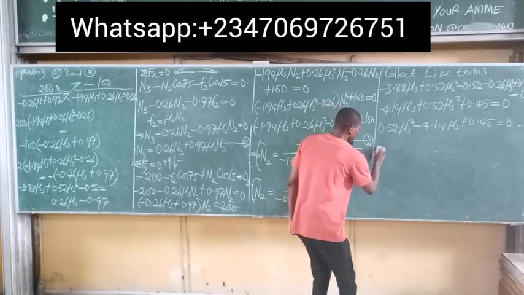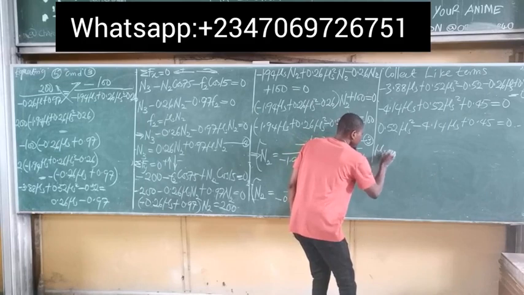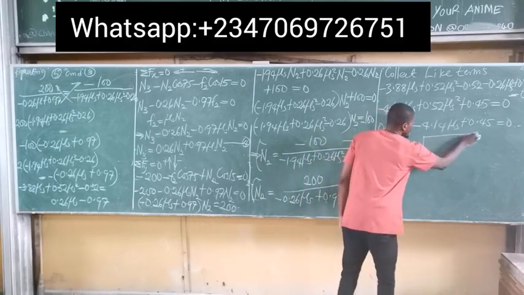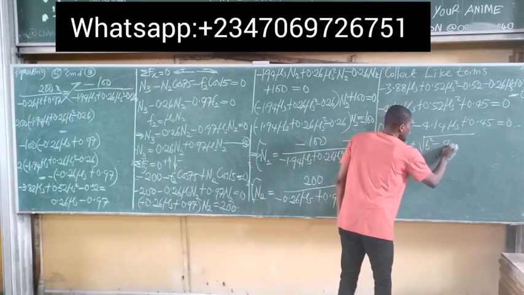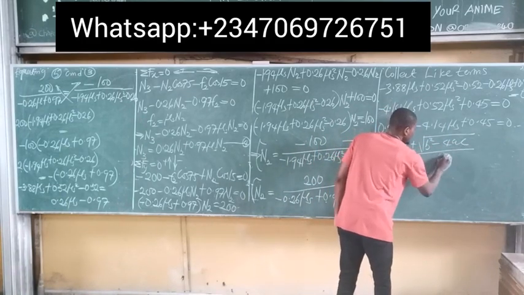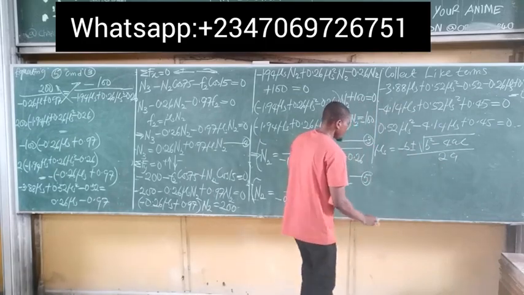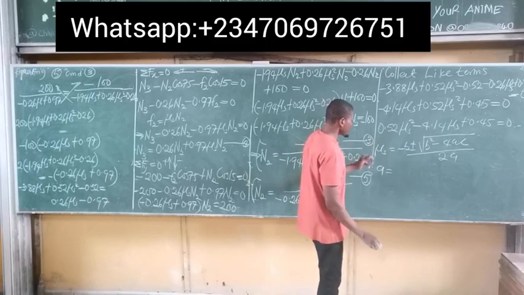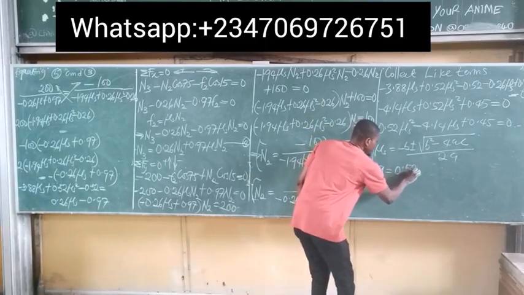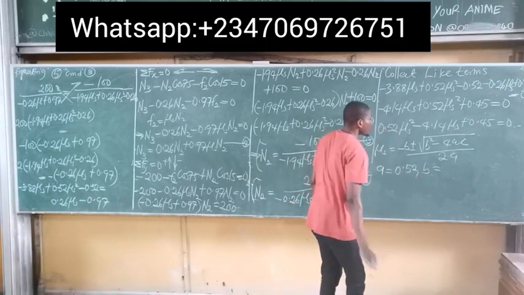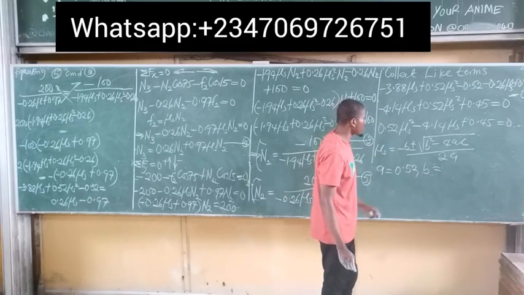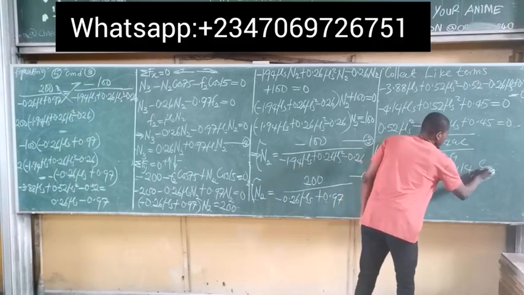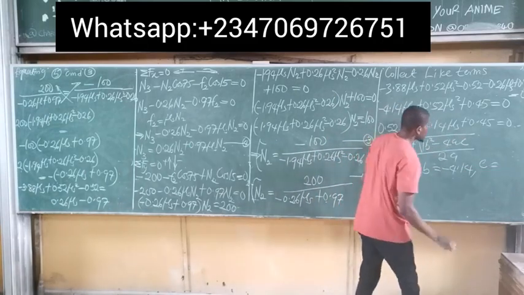From the general formula, mu x is minus b plus or minus the square root of b squared minus 4ac, all over 2a, where a is the coefficient of mu x squared, which is 0.52. b is the coefficient of mu x, which is minus 4.14. And c is the constant term, which is here given as 0.45.